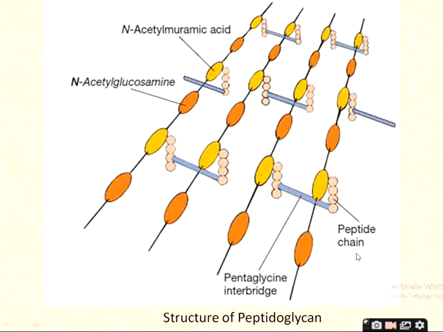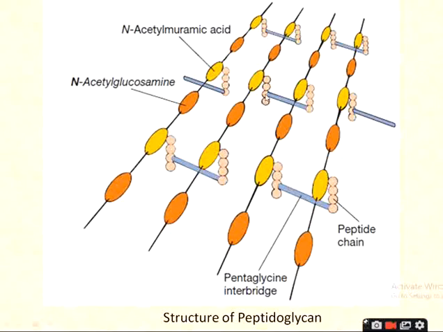And in between these peptide chains there is a pentaglycine interbridge, and that bridge is responsible for holding the different chains together. See here, here is one interbridge and here is another interbridge. That means the two chains are held together.